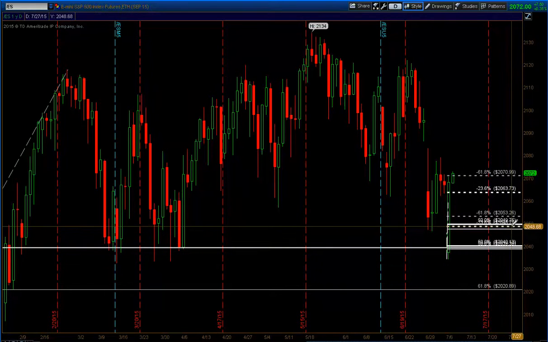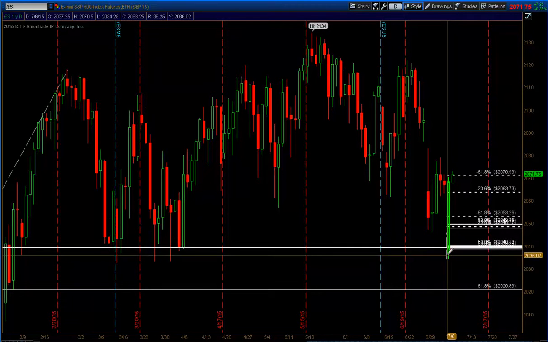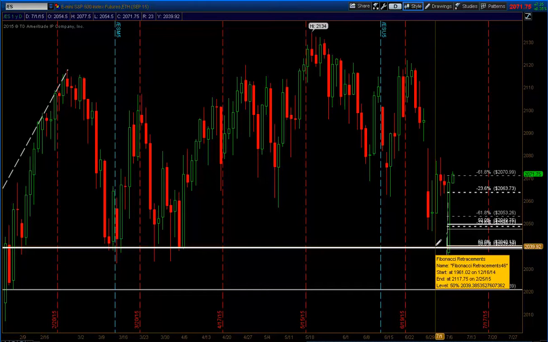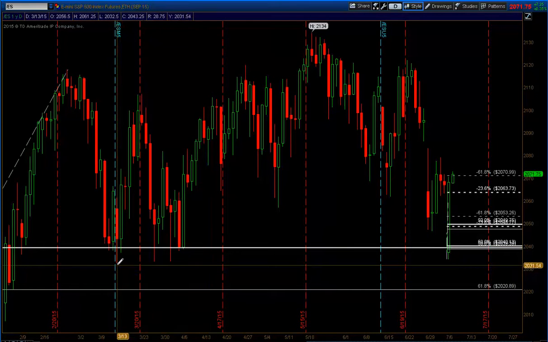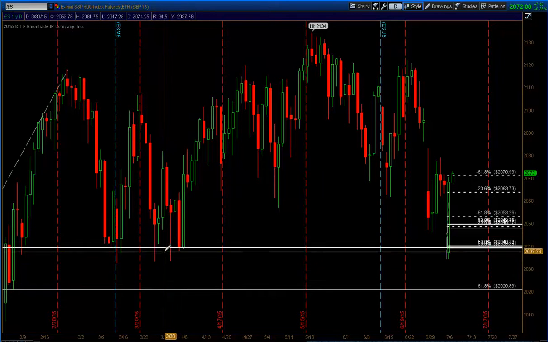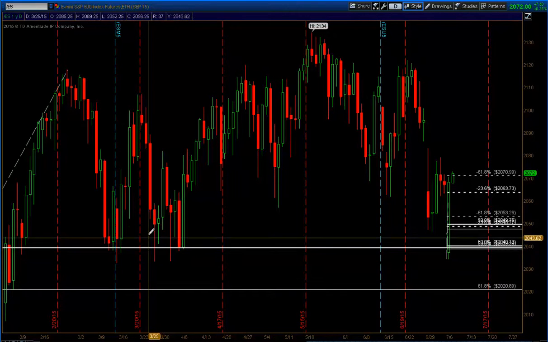So we immediately had buyers coming in, both in the overnight session and at the NYSE cash open. That tells us that this 2040 level, there's still people hanging out waiting to get long. You can see back here 1, 2, 3 tests, and every single time we dip in, we've had a very strong V-shaped sharp reversal higher, meaning the buyers stepped in and pushed the market higher.